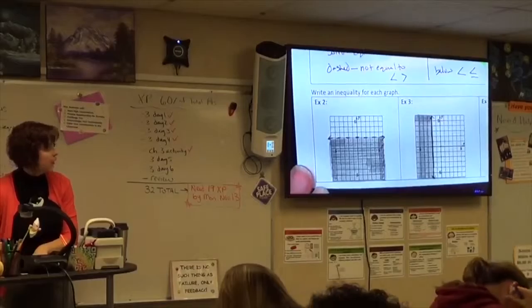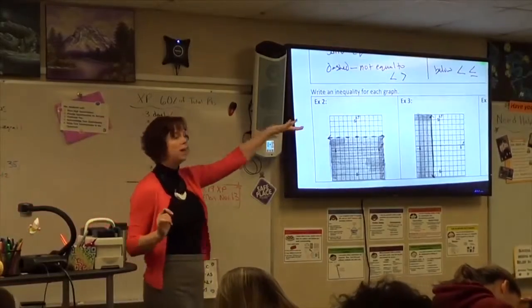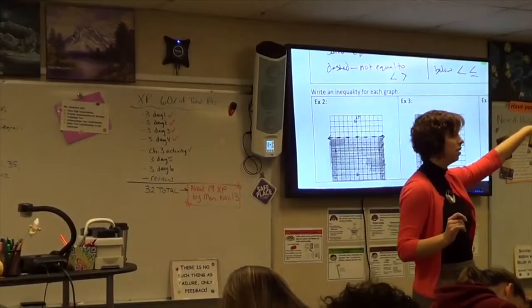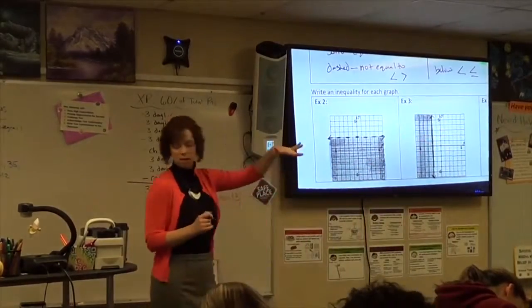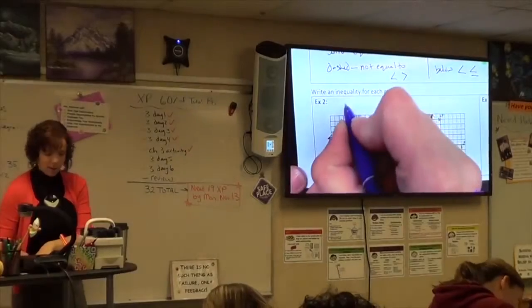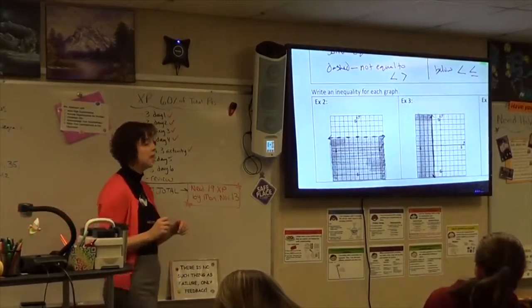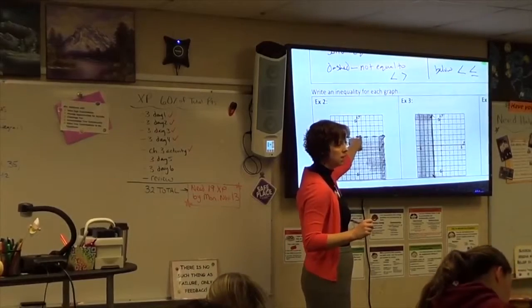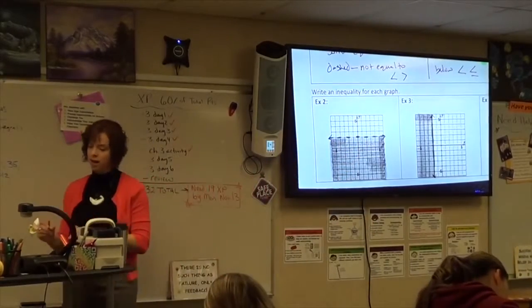So, here we have a horizontal line. What letter do you remember means horizontal line? Y does. Okay, it's Y. Is this a Y point or an X point? It's a Y point. Good job.